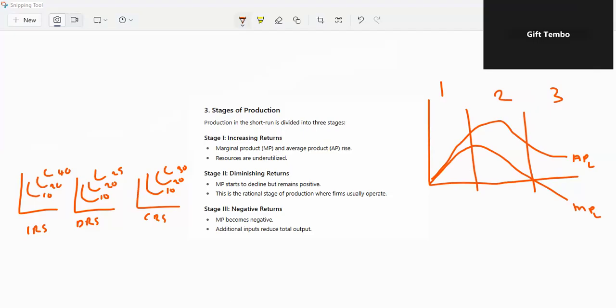Okay, so we'll use some graphs and some tables to illustrate that. So we have the output, total output. When you divide it by quantity, or divide it by labor units, we call this the average product of labor.